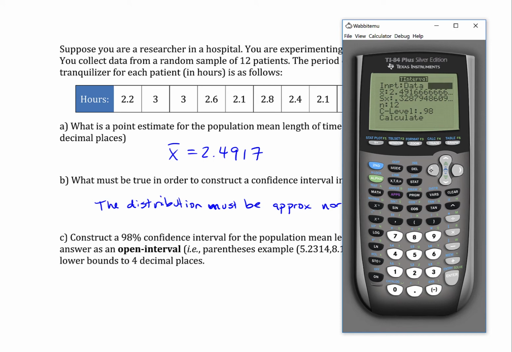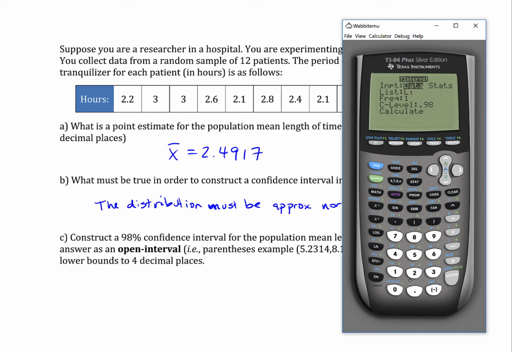All right, now the data. We can either pull the data from stats or from the actual data itself. So I'm going to pull the data from where I have it stored in L1. So I'm switching over to data mode. I don't have any frequency values, so I think you can clear this or just, I guess you have to put in a 1, so that's fine.